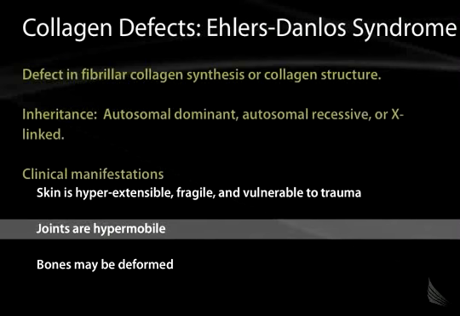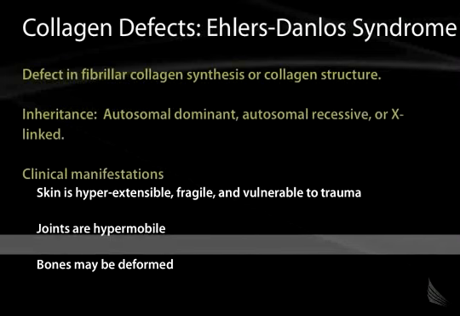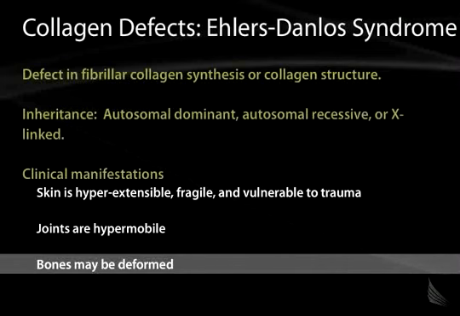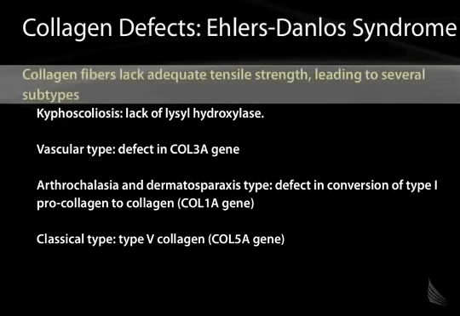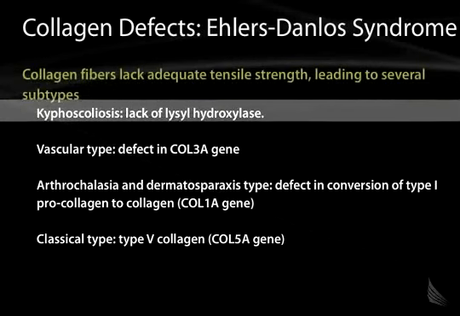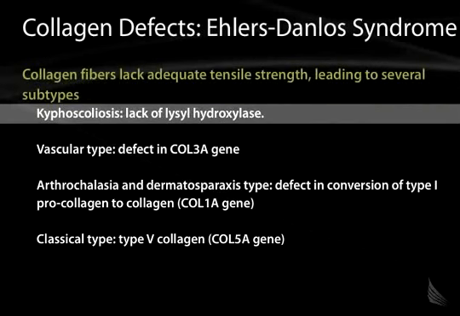The joints may be hypermobile because of defective formation of tendons and ligaments. The bones may be deformed because of defective bone formation. And the collagen fibers lack adequate tensile strength. And that leads to kyphoscoliosis, particularly in the subtype that's caused by lack of lysyl hydroxylase.